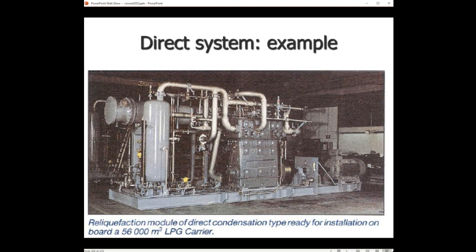This is the motor that drives the compressors through this axle here. And that is the reason why you see that this picture has not been taken on board of a vessel, since motor and compressor are in the same room. And that is not allowed on board of a gas carrier.